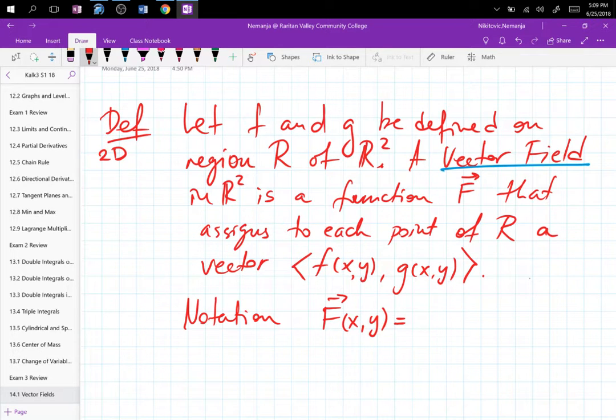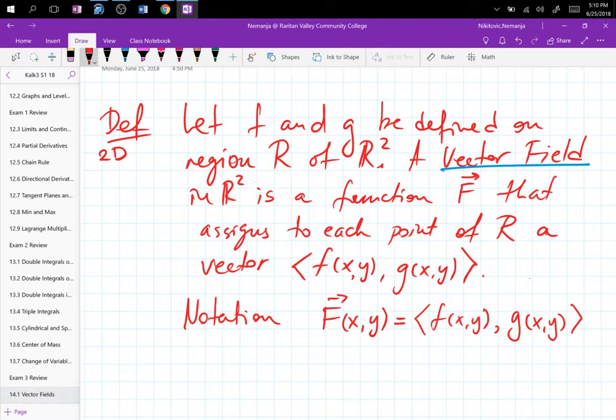In your notes, on your exam, and everything else, the homework, you will use capital F with the arrow above, so you don't have to go and make it bold and all of that kind of stuff. So the notation is very simple. We have the vector field. Since it's a vector, we use the spiky brackets. It's a vector, so we use the arrow above, and that's that.